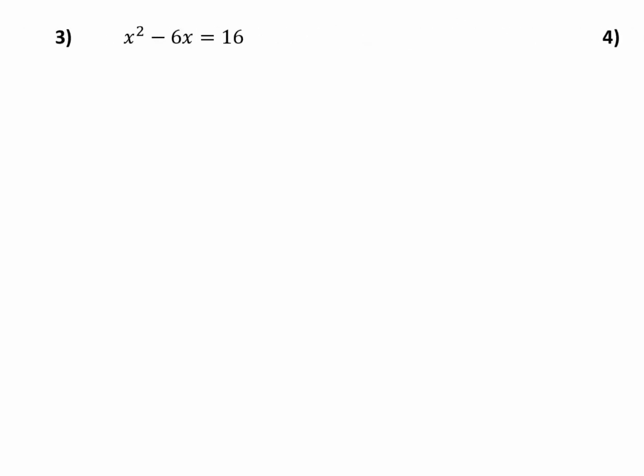If I go back to question 3, it looks like I was dealing with x squared minus 6x, and that's equal to 16, because, again, it has a squared in it. Even though it's got 3 pieces, 3 terms, this is still going to be a quadratic. Quadratics have a variety of formats that we can deal with.